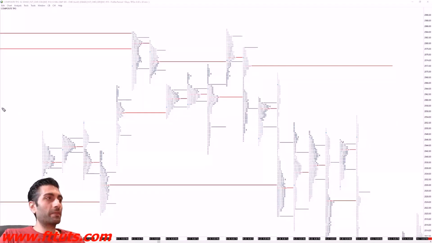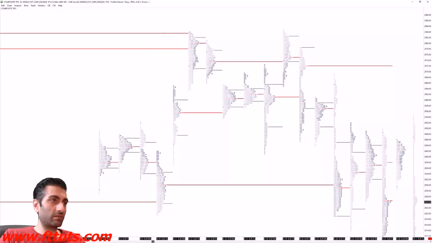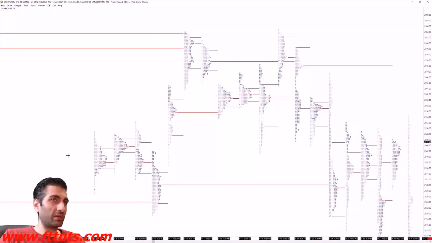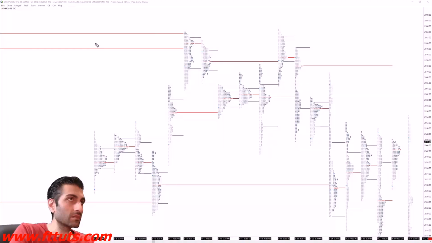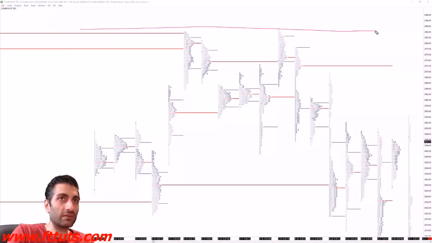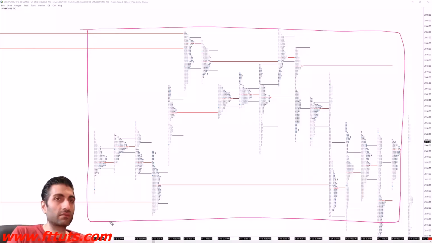Right, so actually I'll have to move this because I think my head probably, that should be about right. Perfect. So look, this area here, because the market didn't really go anywhere.